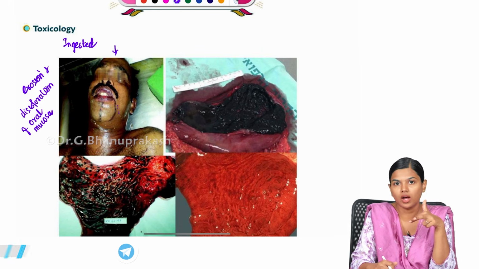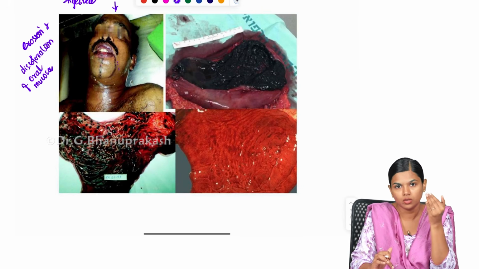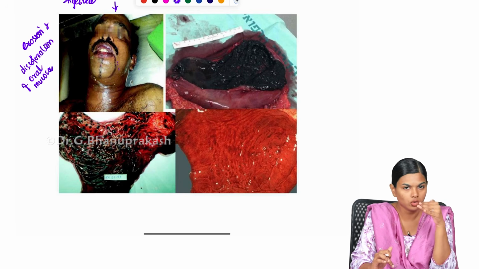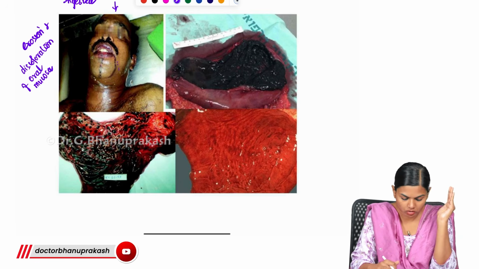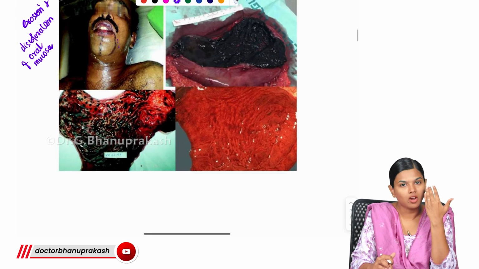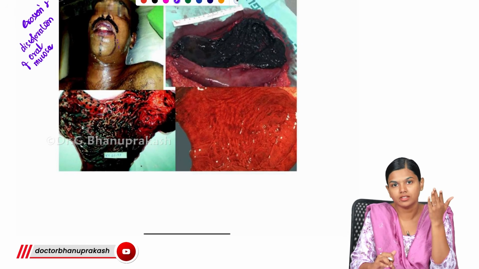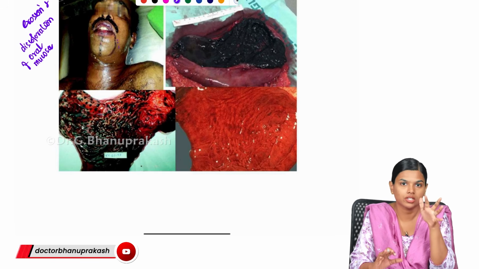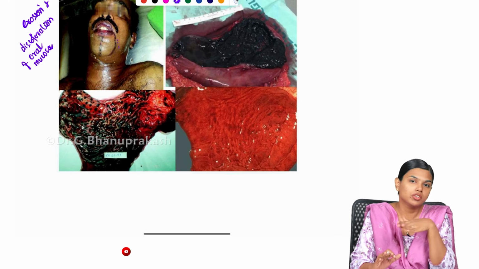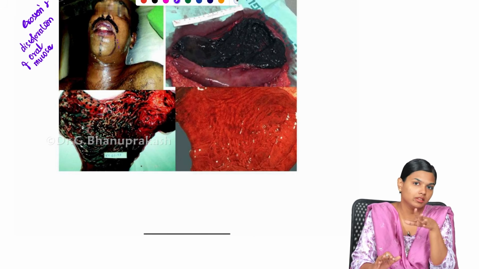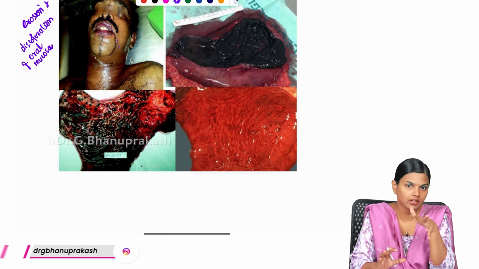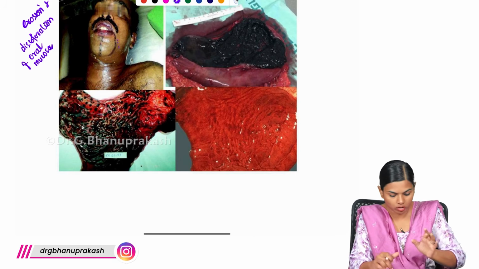Then you will open the pharynx, then go to the esophagus, then the stomach. What will happen is that all the way, your pharynx and esophagus will have very big congestion. It will be eroded. The mucosa will be highly corroded by the corrosive nature of the acid, and you will see erosions along the pathway.